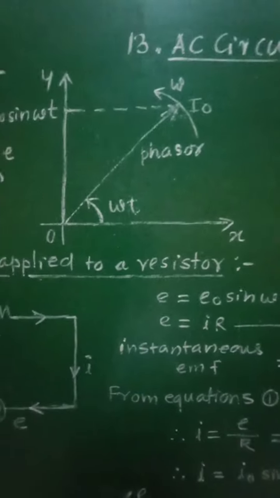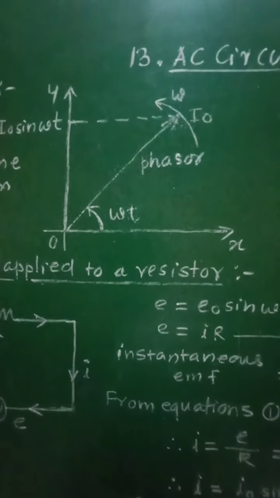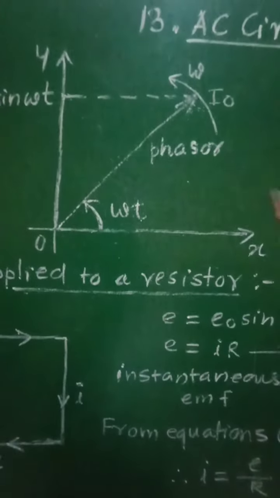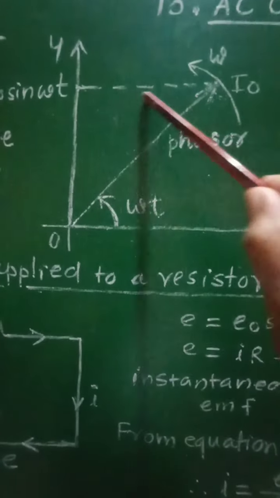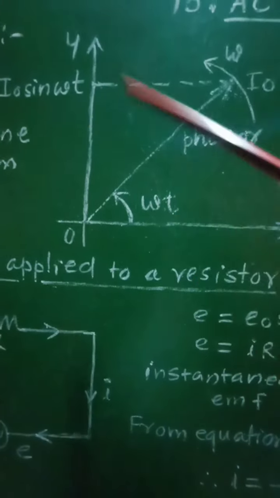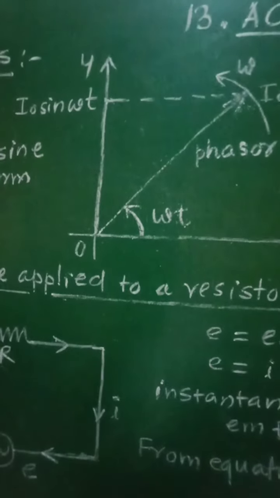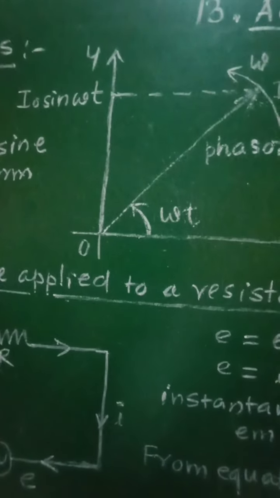If you draw a perpendicular from the peak value of that quantity, it gives rise to the alternating EMF or alternating current.